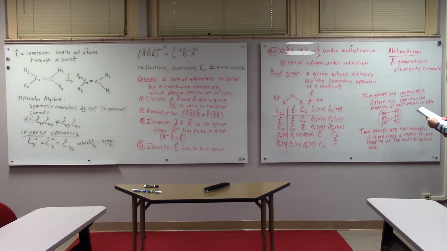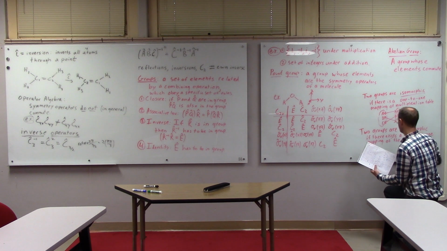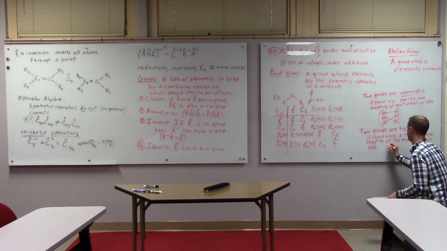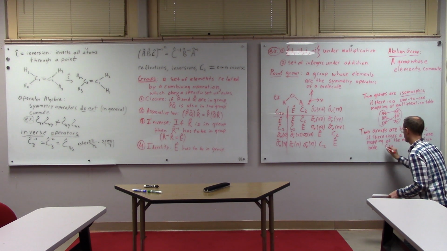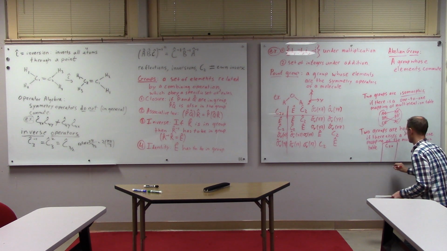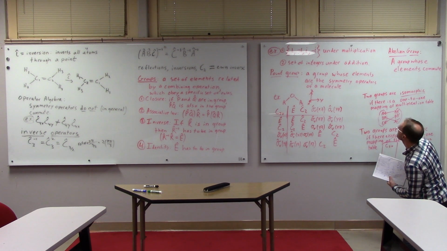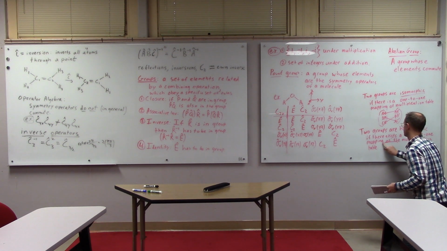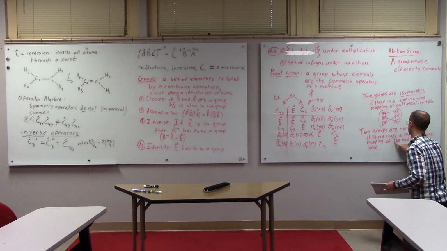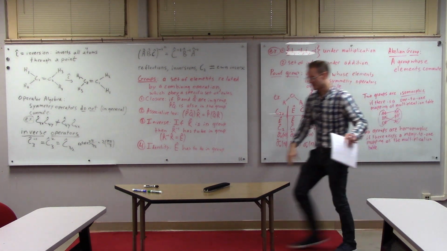And a specific example of that would be if you have the C2V group. Actually, let me make a little bit more space. Okay, I'm going to come back over to the other side.